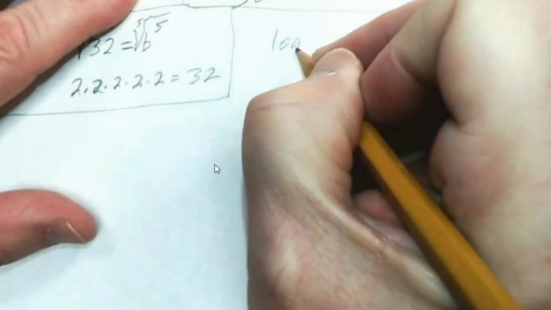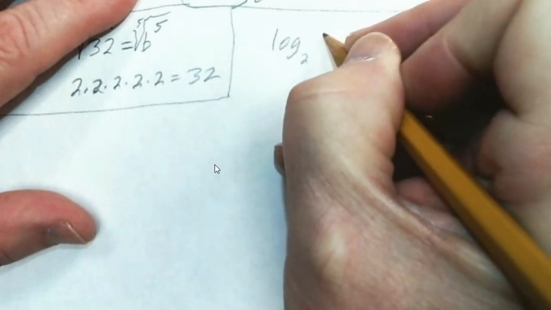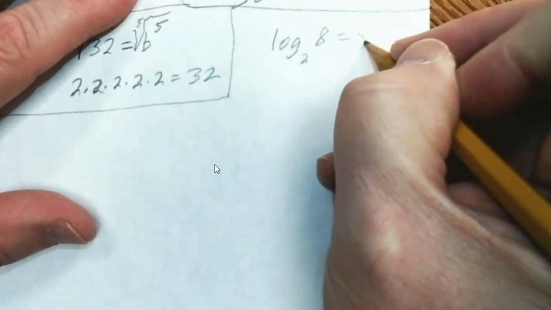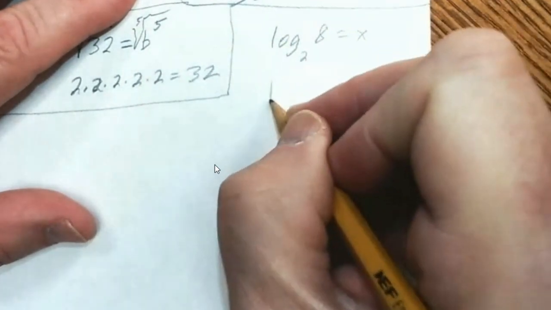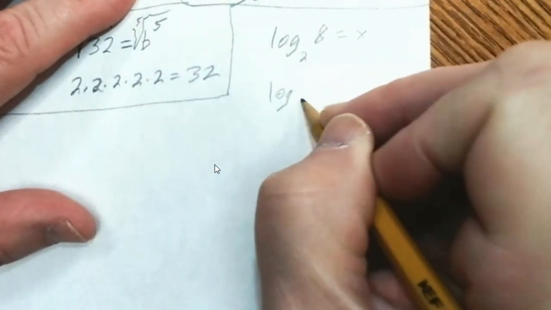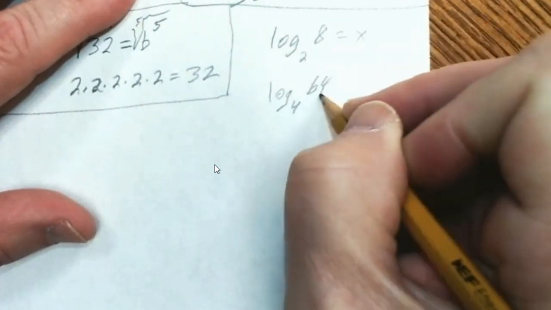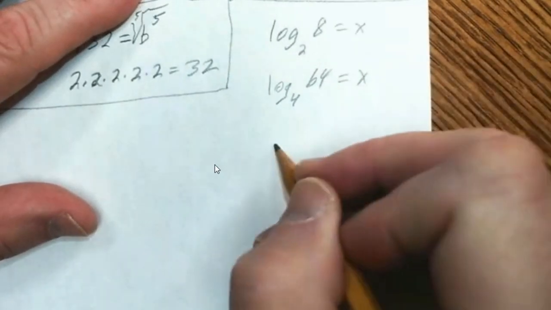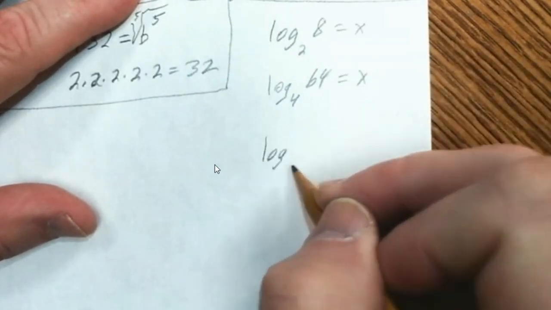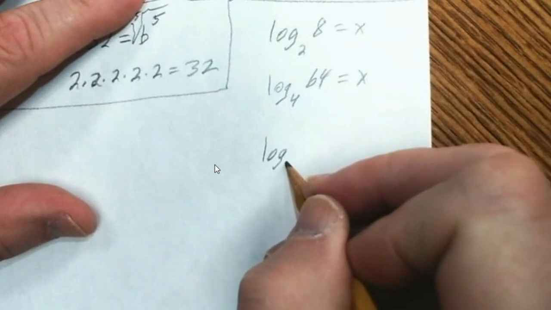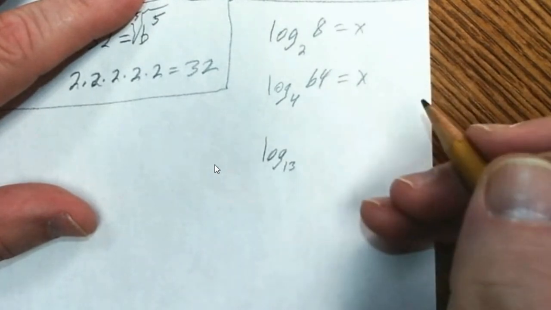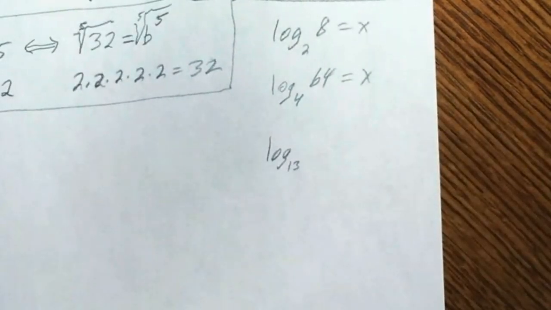log 2 of 8 equals x, or log 4 of 64 equals x, or log, let's do something kind of odd. How about log of 13? Well, what number do I want to put there? I want to put some weird number.